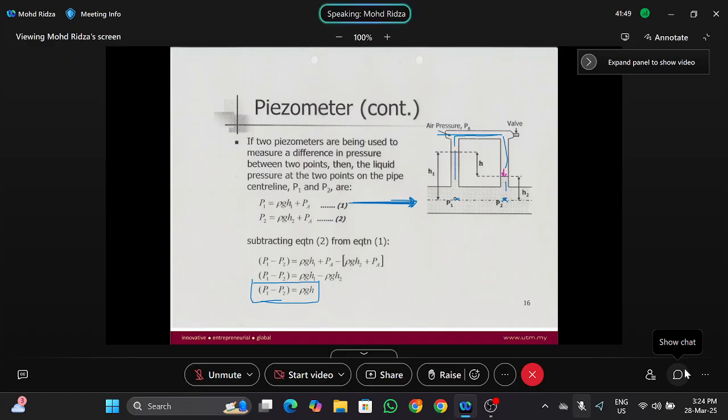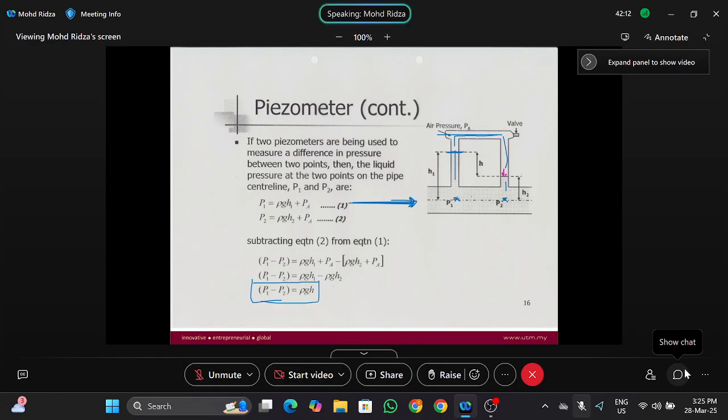So if you look at the first equation here, P1 equals rho g H1 plus PA. So P1 here, at the bottom, equals PA, the pressure here, plus rho g H1.